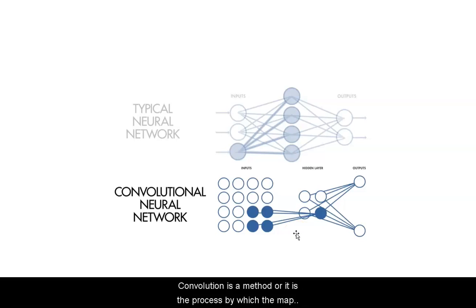So convolution is the process by which we map the neurons in our local receptive field to a neuron in a hidden layer. And we will discuss how mathematically this convolution works in our coming videos.